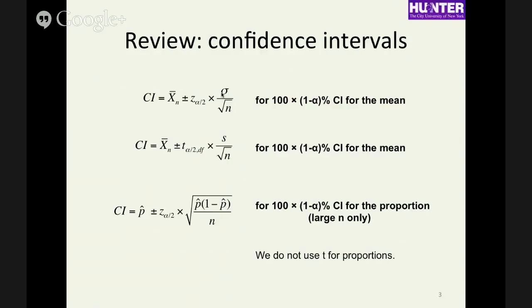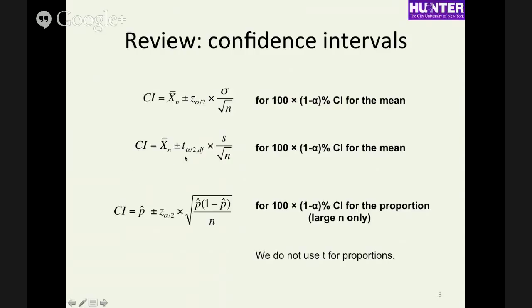For a 95% confidence interval, that's an alpha of 0.05, and we would look up the value of Z for 0.05 over 2, or 0.025, and multiply that by the standard error. And this component here on the right, remember what that was called? The margin of error. Yep. So it's the sample mean plus or minus the margin of error.